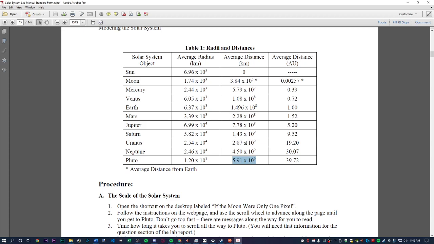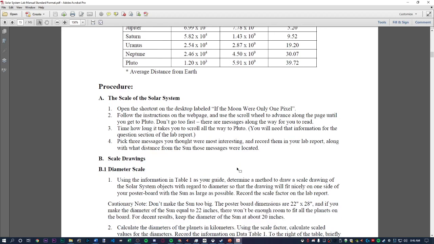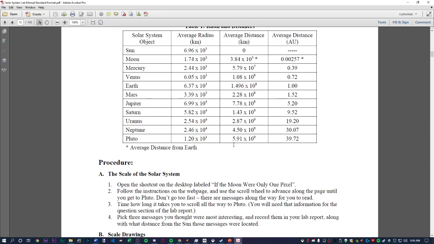So you have to scale everything else down in relation to that. Let's say 28 inches, or 71 centimeters, equals 5.91 times 10 to the ninth kilometers.